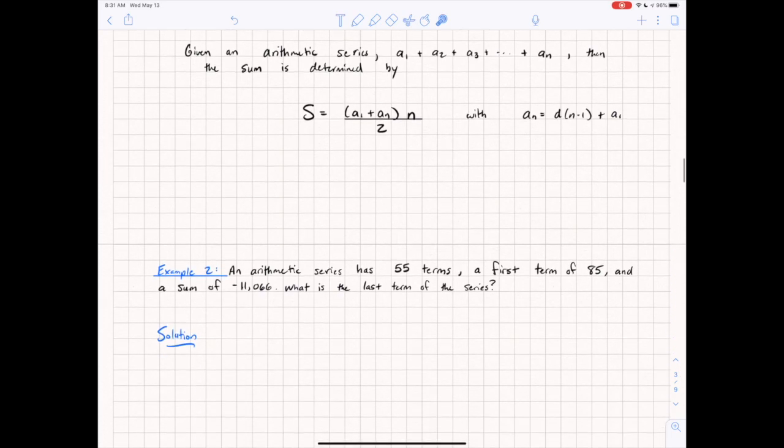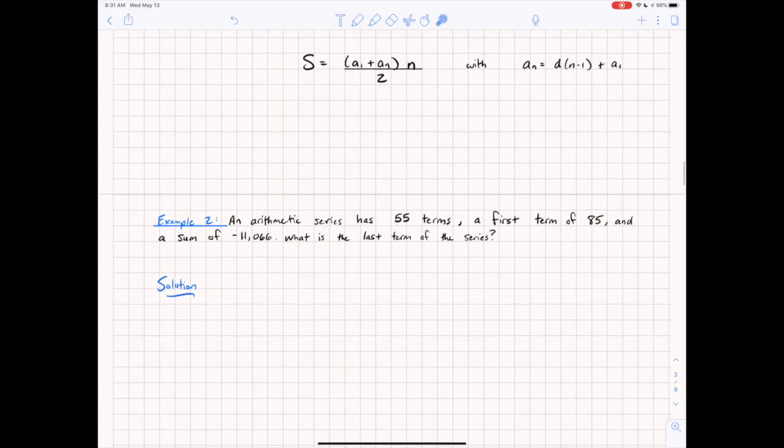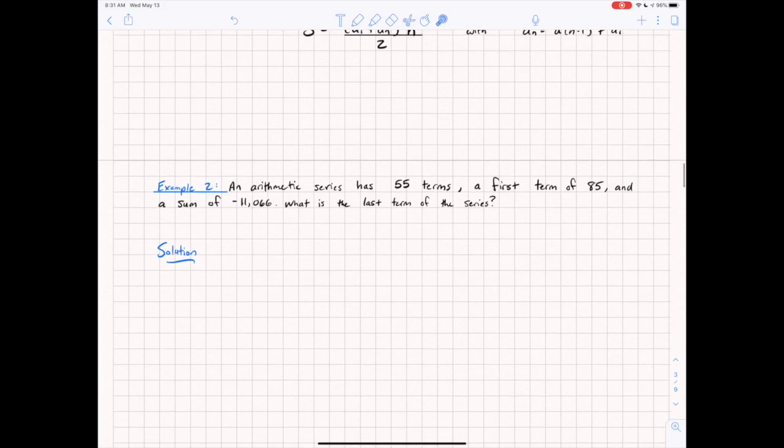All right, so in example 2, we're going to use these formulas in a different way. An arithmetic series has 55 terms, a first term of 85, and a sum of negative 11,066. What is the last term of the series? So let's label what I'm told.